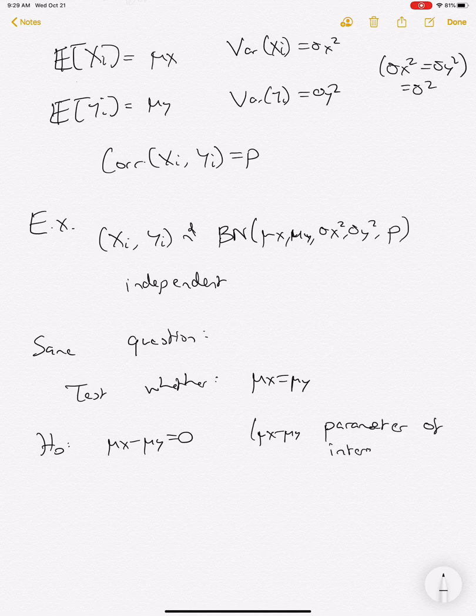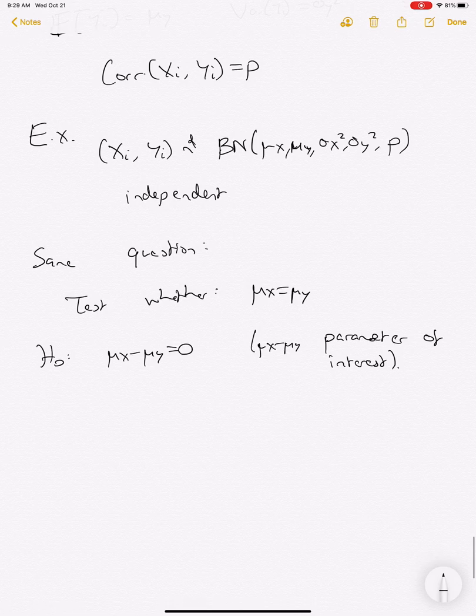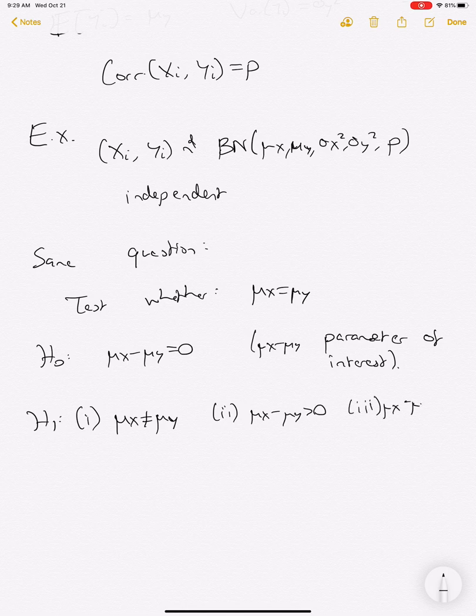And then you have that H1 is, we have the three alternatives that we might be interested in. Mu x not equal to mu y, mu x minus mu y bigger than 0, and mu x minus mu y less than 0.